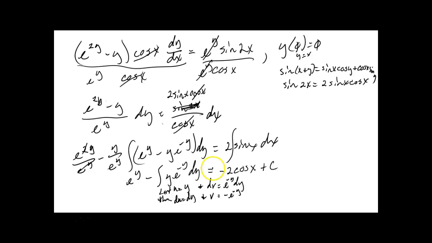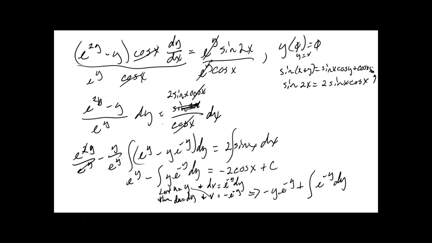So what we have here becomes uv, which is minus y e to the minus y, minus the integral of v du, which we have a minus and a minus, so that makes a plus the integral of e to the minus y dy.